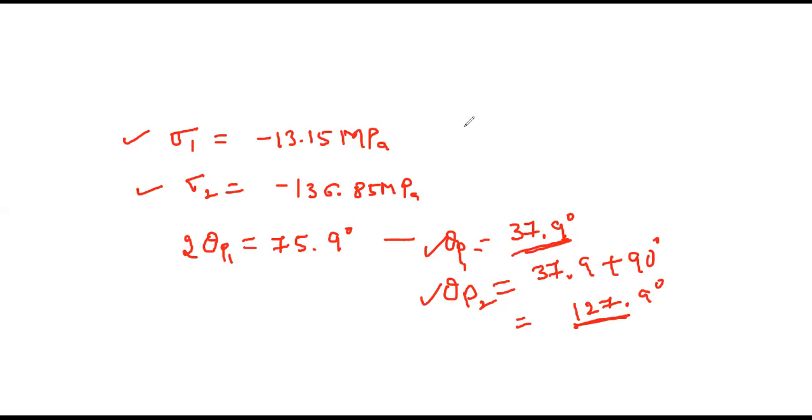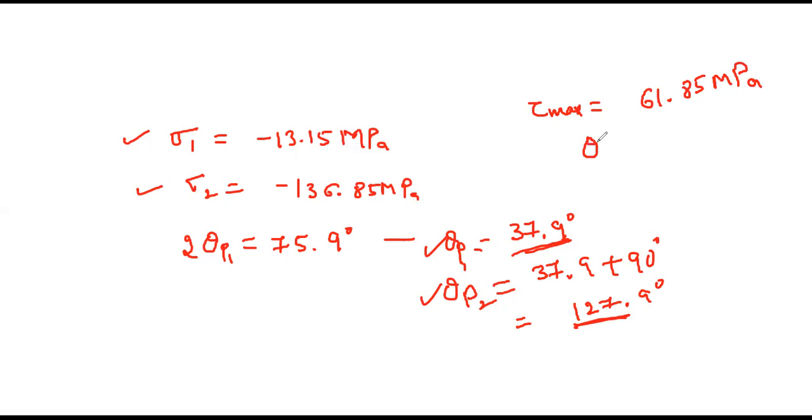Next we have tau max. Tau max is the maximum shear stress, which is nothing but the radius of the Mohr circle. The value for this will be around 61.85 megapascal.